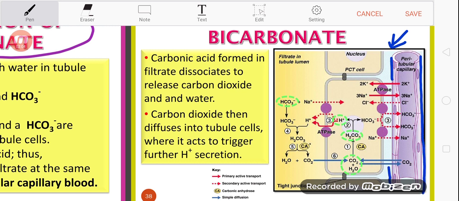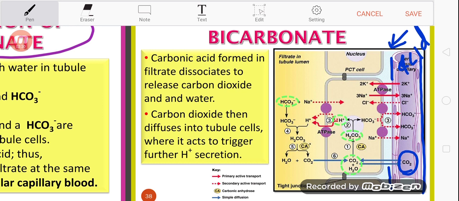Remember, this blood is in acidic condition. The source of the acidic condition comes from carbonic acid, the carbon dioxide. This carbon dioxide travels by the blood.